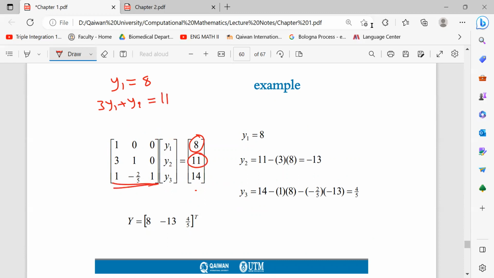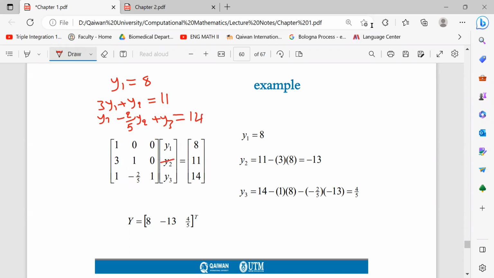Then the third row gives Y1 minus 2 over 5 Y2 plus 1 times Y3, which equals 14.